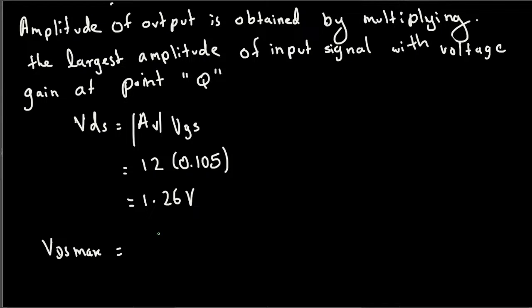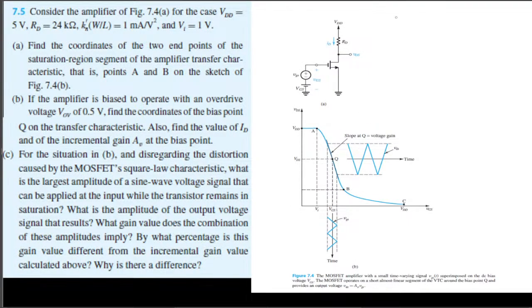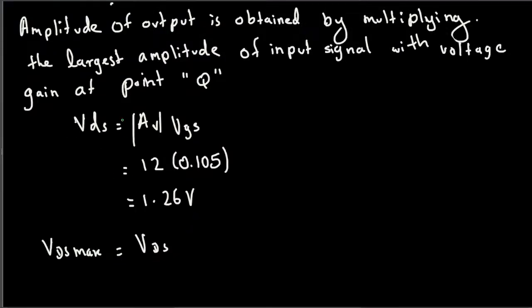If you watch my previous video, I got the VDS to be 2 voltage for point Q. So that one plus this one right here comes out to be 2 voltage plus 1.26 voltage, which is equal to 3.26 voltage.